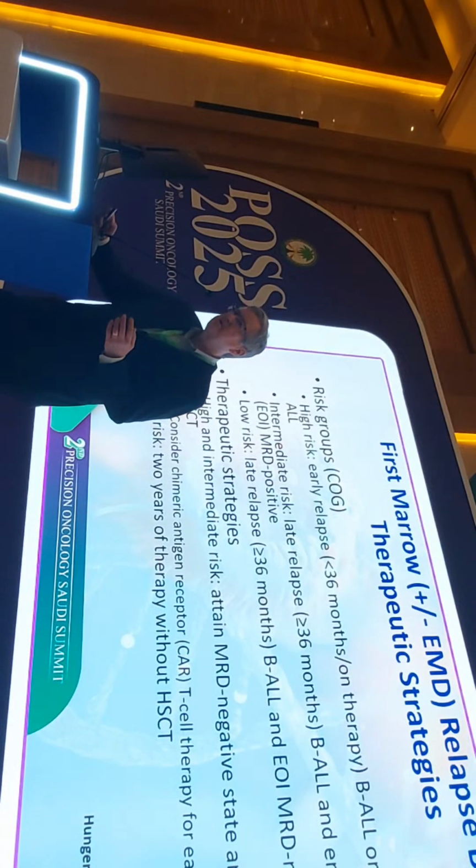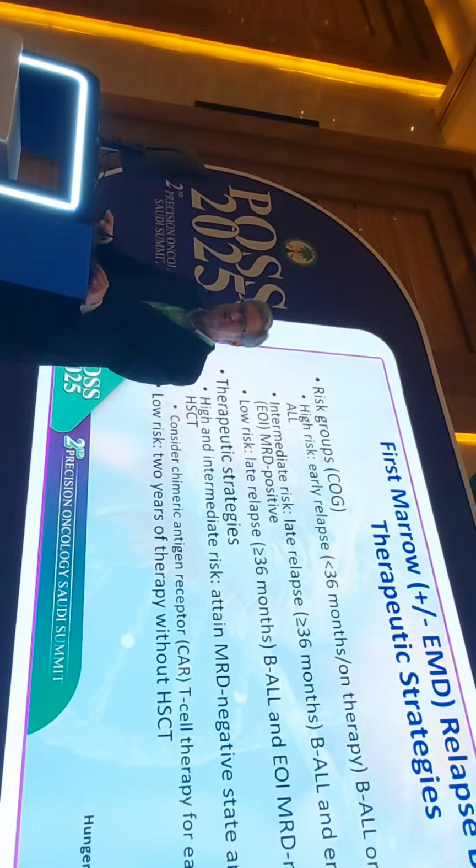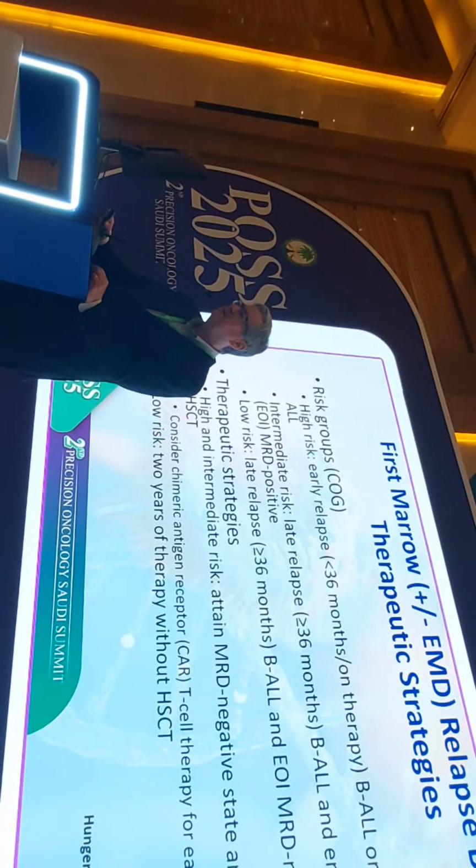So this was first done in pediatrics in children with first relapse of B-ALL. And just a quick summary of how we classify and treat relapsed B-ALL in pediatrics. First, the Children's Oncology Group uses various risk categories based on the time to relapse and site of relapse.